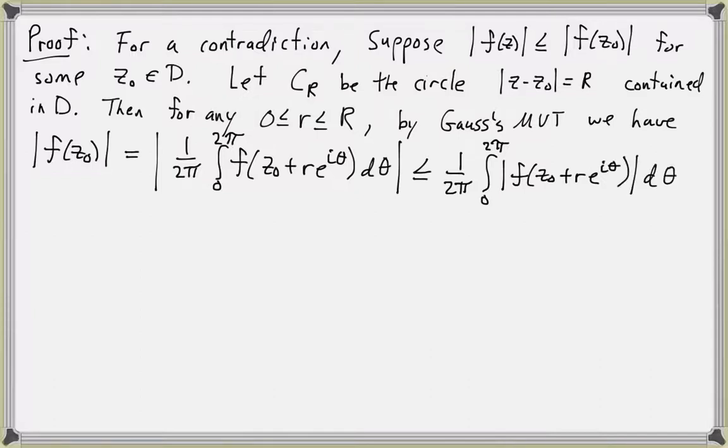But we're assuming that f in absolute value is less than or equal to the absolute value of f of z0, so the integrand is going to be less than or equal to the absolute value of f of z0.